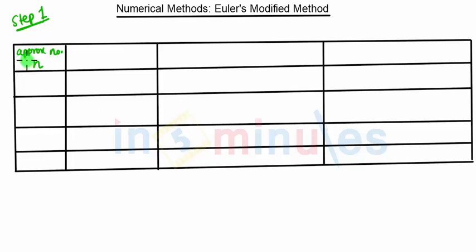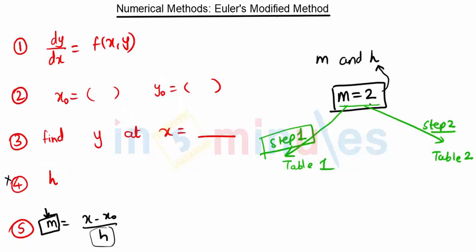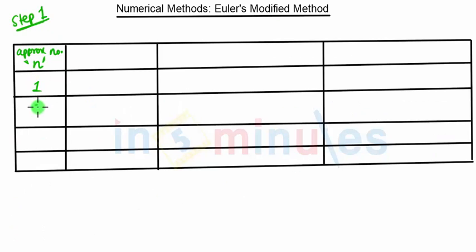Approximate number n. n is the number and it is not the number of steps, because the number of steps is represented by m. So m is 1, 2, 3, 4 and so on. It can go up to anything. Then we have y1 the whole raised to n. This indicates y1 at the first step.